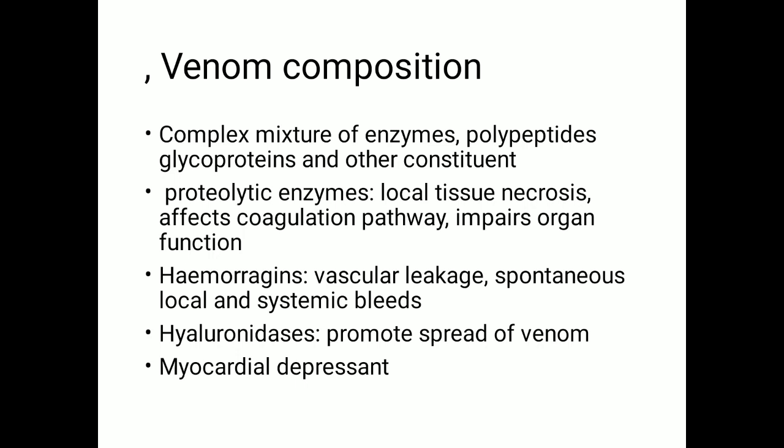The venom also contains hyaluronidases, which promote spread of venom through connective tissue. It also has myocardial depressants, which depress the myocardium, reduce cardiac output, and can lead to arrhythmias.